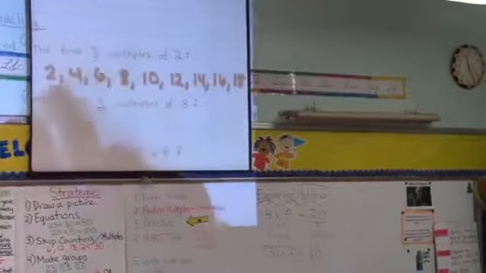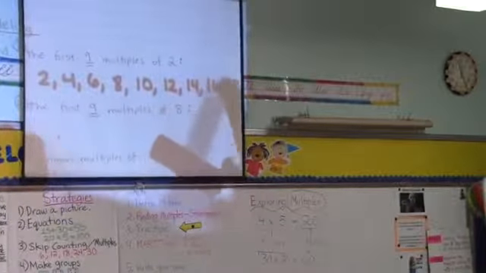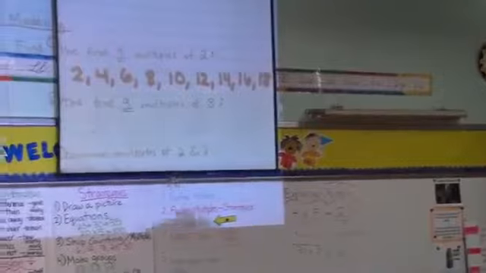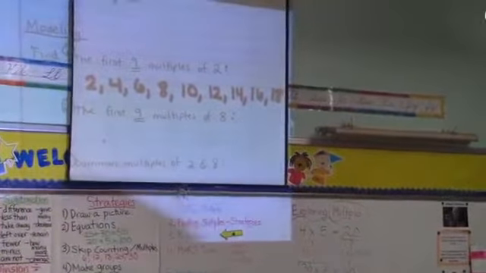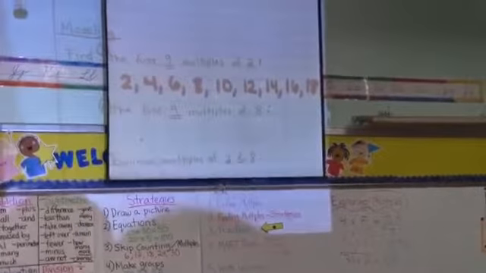And that leads me to my first 9 multiples, right? 1, 2, 3, 4, 5, 6, 7, 8, 9. So those are my multiples of 2. Now, I have to figure out my multiples of 8.